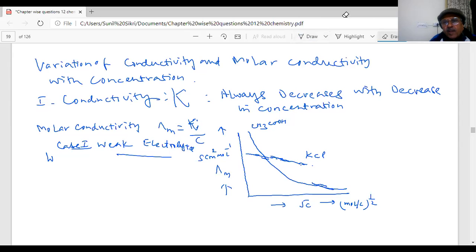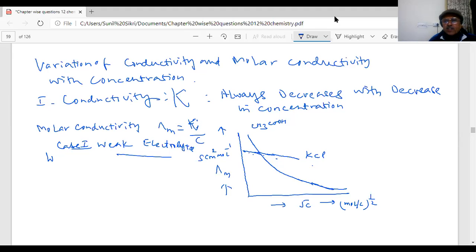That was the KCl, with a slight increase on dilution, and this is the weak electrolyte, acetic acid.